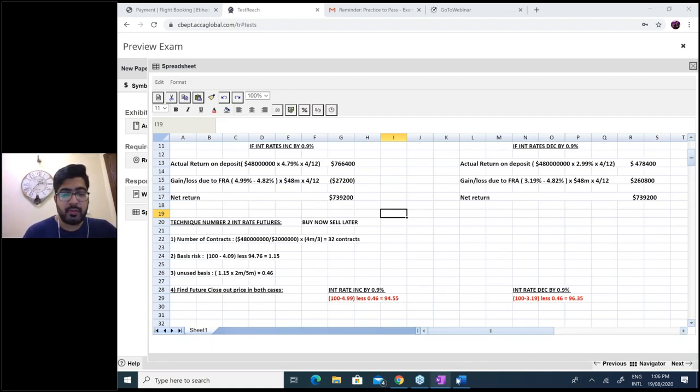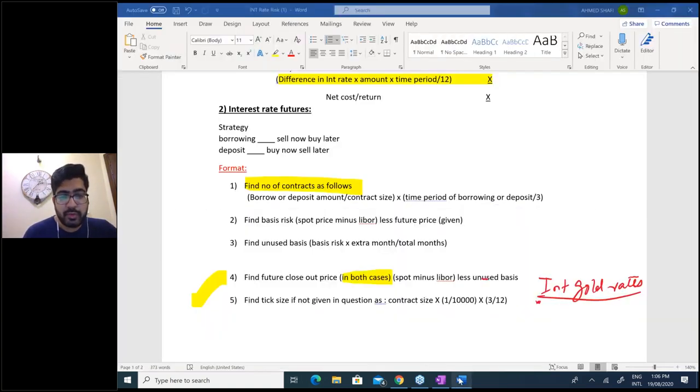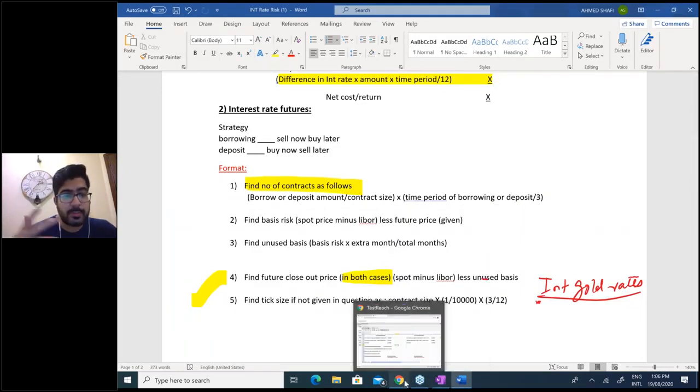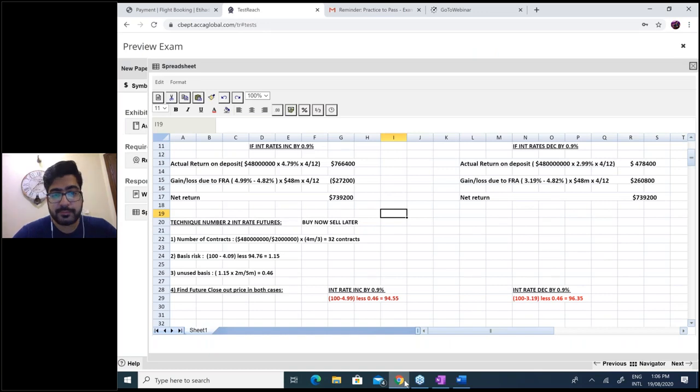I'm just changing the screen. If you look at the question format, the future closeout price format is spot minus LIBOR in the bracket, less unused basis. You have just calculated the unused basis in the above step, 0.46.